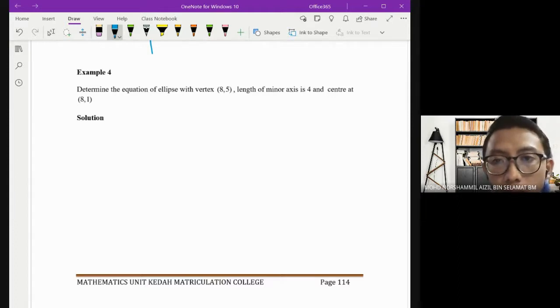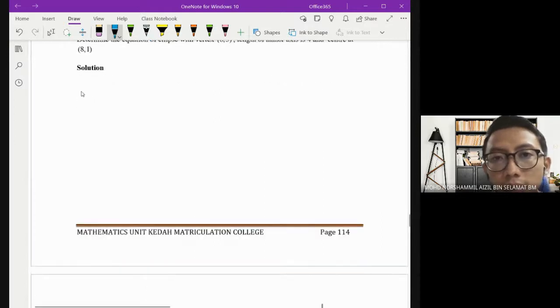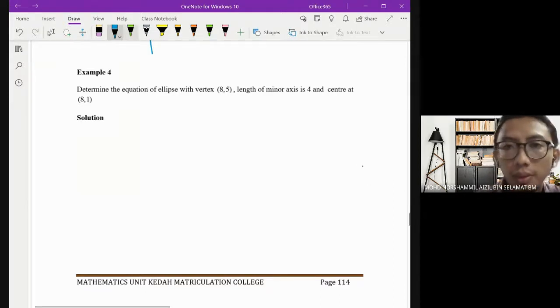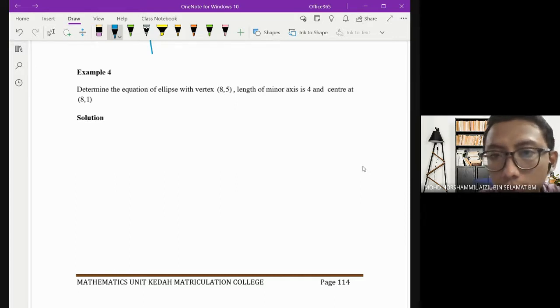Alright, so example number 4. Sorry, but we still have to continue learning, otherwise we will be left behind. Determine the equation of the ellipse with vertex (8, 5). The length of the minor axis is 4.